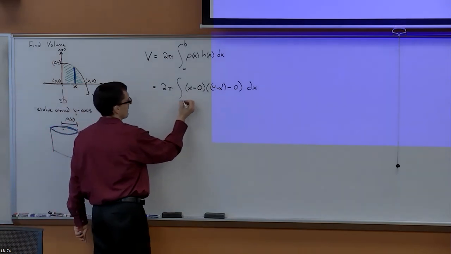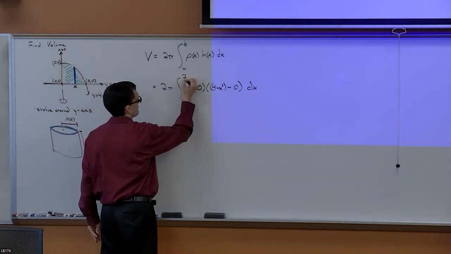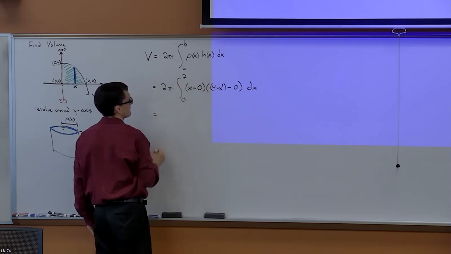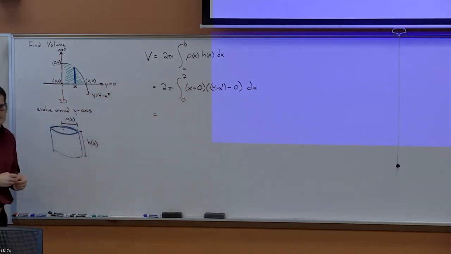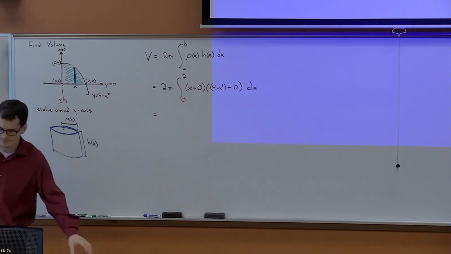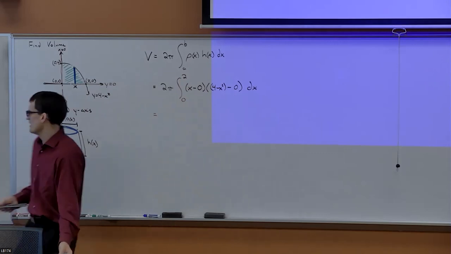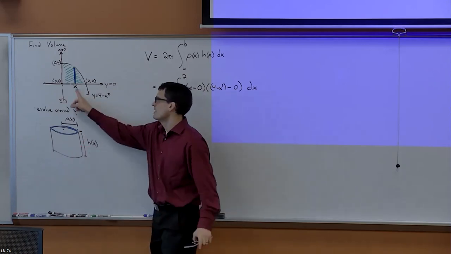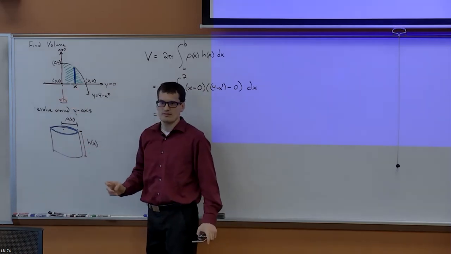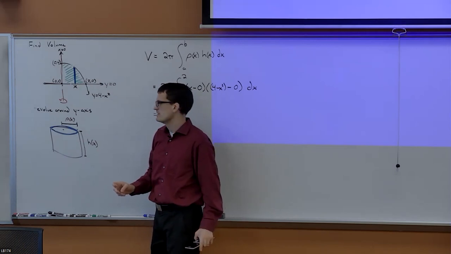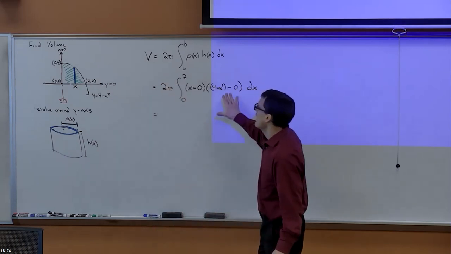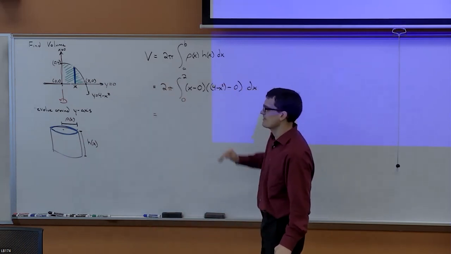So we're going to be integrating from 0 to 2. So the key thing there is radius is arbitrary x value down to the line we're rotating around. Height is top of the rectangle to the bottom of the rectangle.